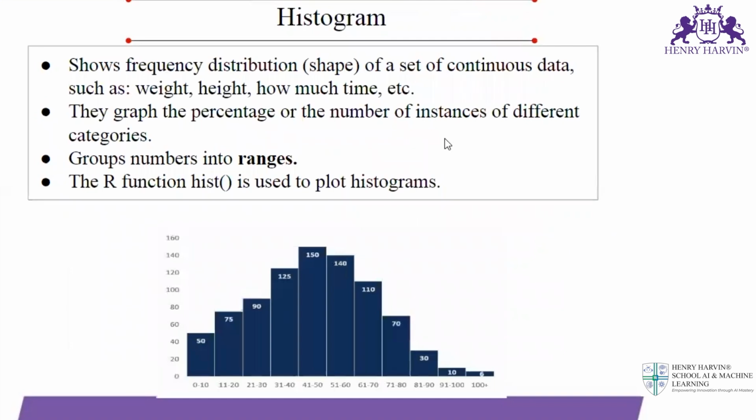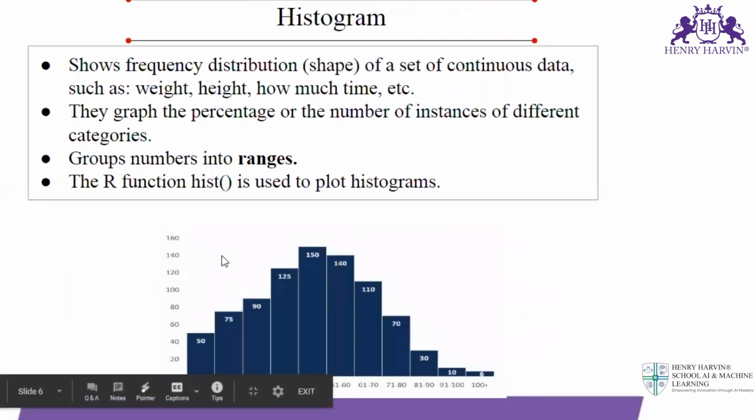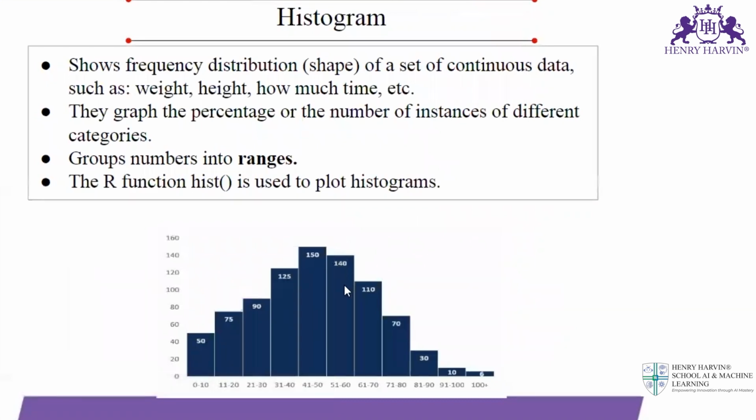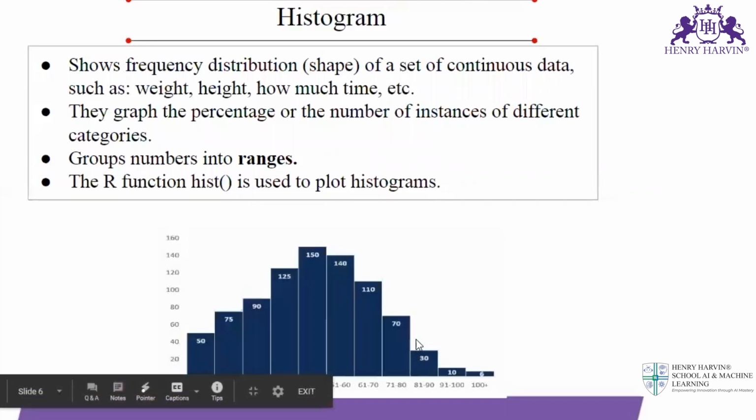Next is histogram. It shows the frequency distribution of a set of continuous values such as weight, height, or how much time a course will take, etc. The graphs show the percentage or the number of instances of different categories. So they show the percentage of different variables that are in continuous form.